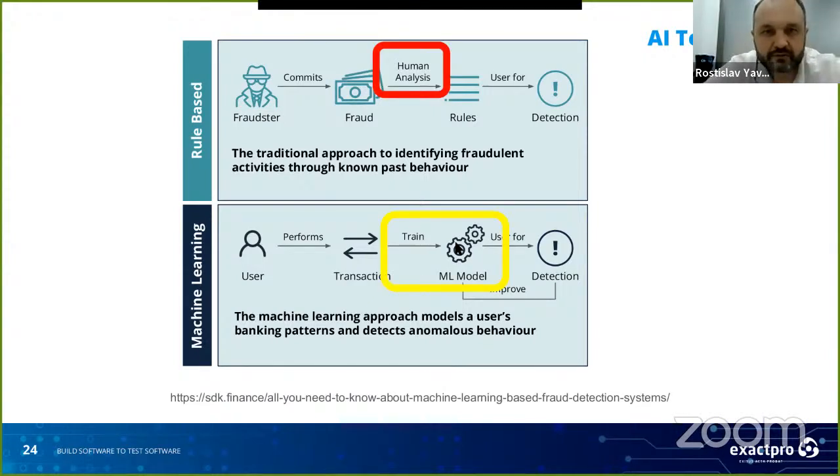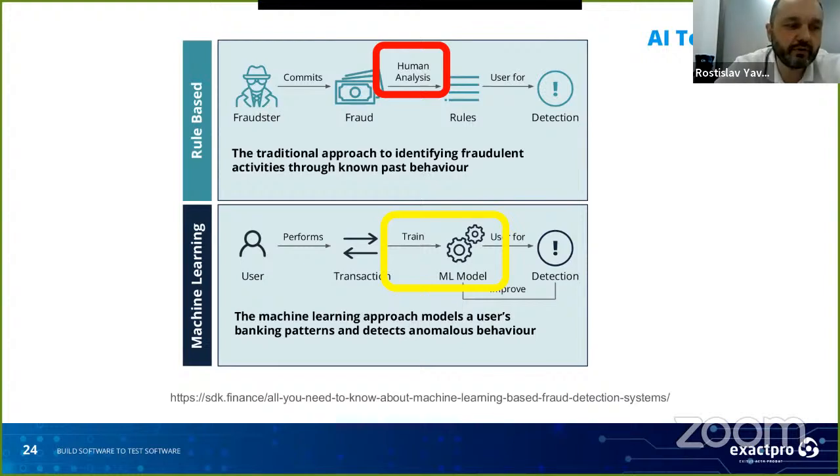In the first approach, the key point is human analysis, but in the second approach you have a machine learning model, which is trained automatically, or maybe not completely automatically, it could be supervised learning with some participation of analysts. But anyway, you then use this model to detect anomalies, to detect behavior which is not typical for your customers.